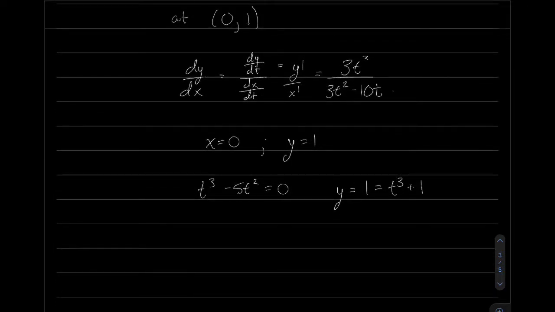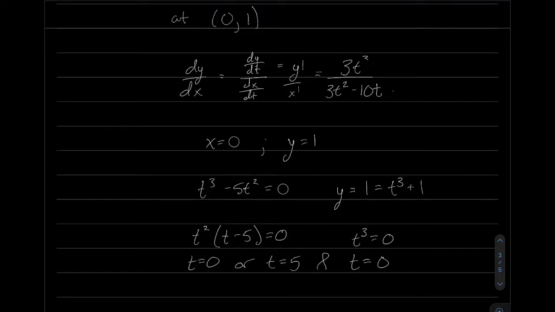So in the first case, factoring out a t squared, we get t minus 5 equals 0. So t is either 0 or t is 5. Now solving for t in our y part of our equations, we have that t cubed equals 0. So t is just 0. So for our conditions here, we have to have that t is equal to 0.